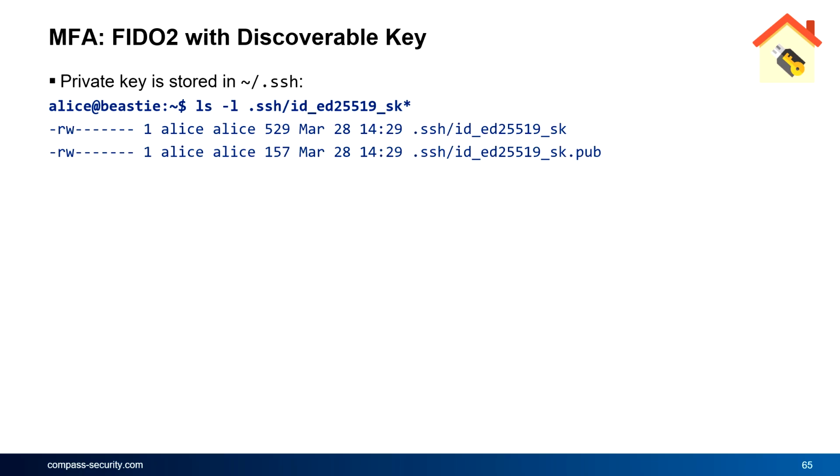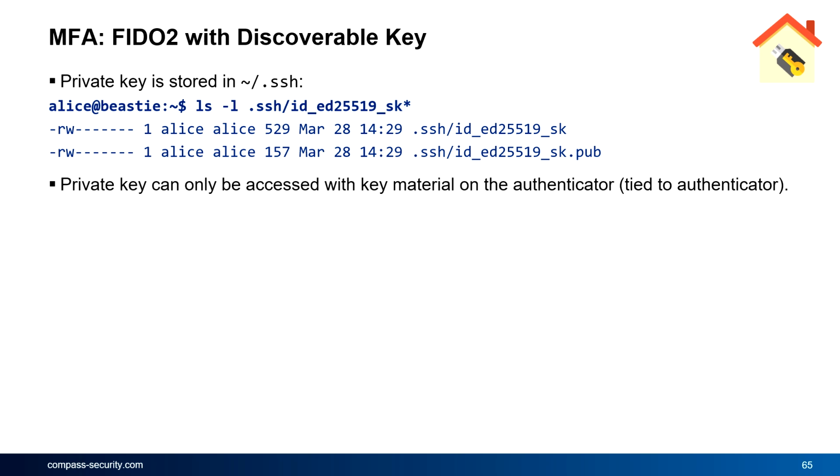Now in your .ssh directory, you have two new keys, the private and the public key, but this private key alone cannot be used to perform a login on the systems, because this private key is protected with key material from the FIDO key, so it is tied to your authenticator.